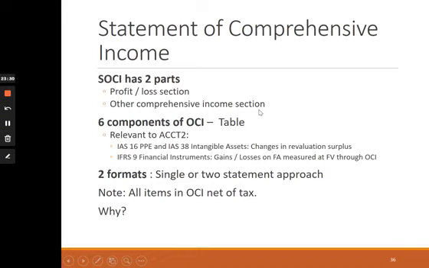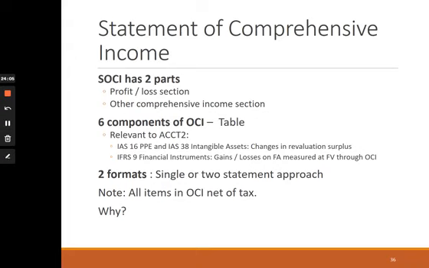So you are given a table in your textbook that lists the components of other comprehensive income, what is relevant to Accounting 2: IAS 16 PPE, and IAS 38 intangible assets, any changes in your revaluation surplus, and then IFRS 9 financial instruments, gains or losses on your financial asset measured at fair value through OCI. So those line items you will revisit when we cover those particular standards this semester.